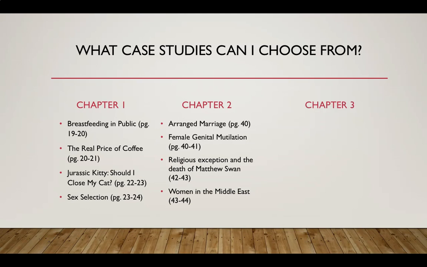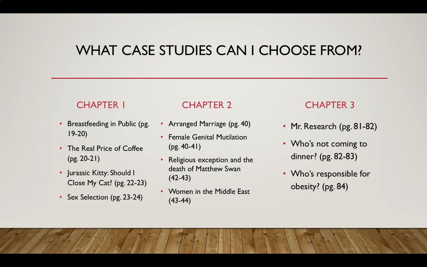And then in chapter 3, there are 3 case studies: Mr. Research on pages 81 and 82, Who's Not Coming to Dinner on pages 82 and 83, and the one that we looked at in class, Who's Responsible for Obesity on page 84.